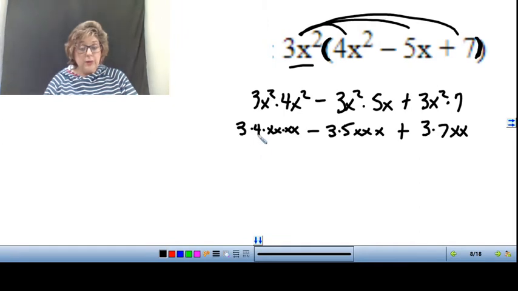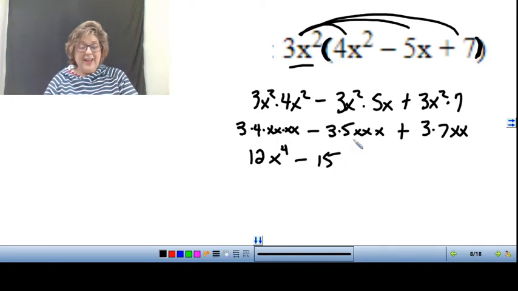So 3 times 4, 12, and I have 4 x's, minus 3 times 5 is 15, and I have 3 x's, plus 3 times 7 is 21, and I have 2 x's, so x squared.